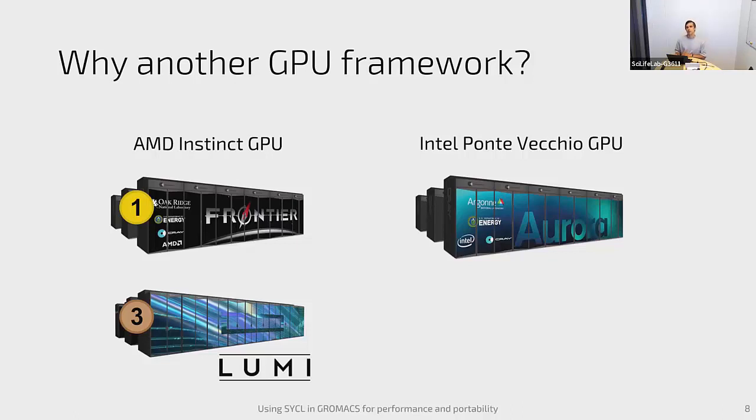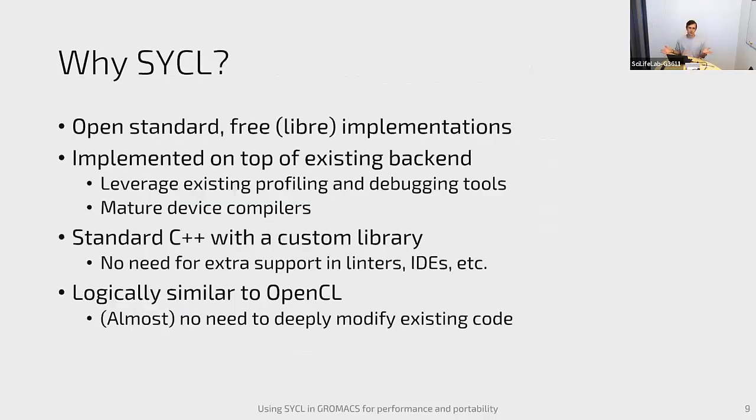So, okay, why do SYCL? Why not continue, for example, using OpenCL or use some other framework? First, SYCL is an open standard, which is a big benefit for us. GROMACS is also an open project.